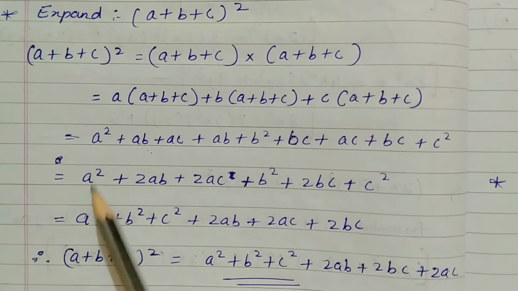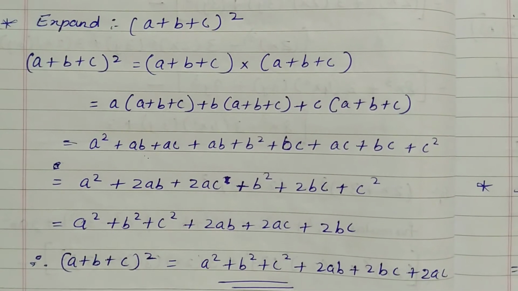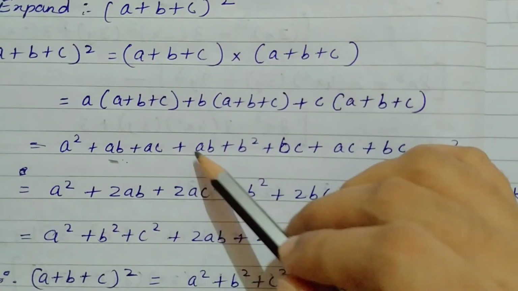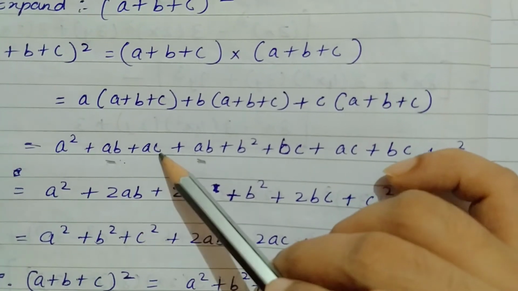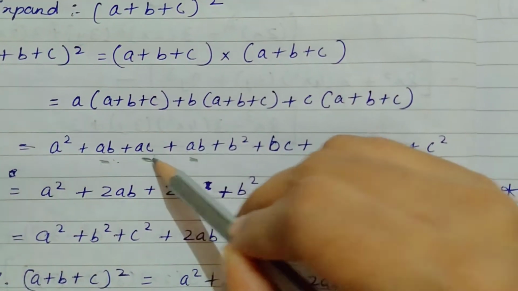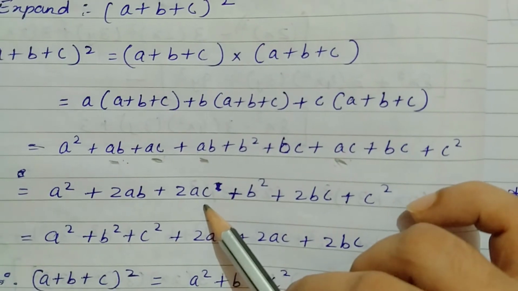Now you see a square, plus ab, here ab and one ab. So 1 plus 1 is 2, 2ab. And AC, and here you can see one more AC. So 1 plus 1 is 2, 2AC.